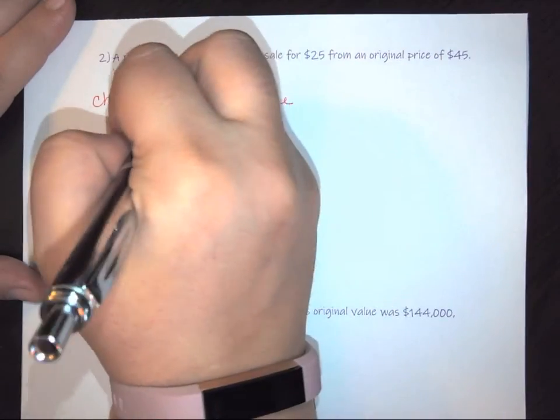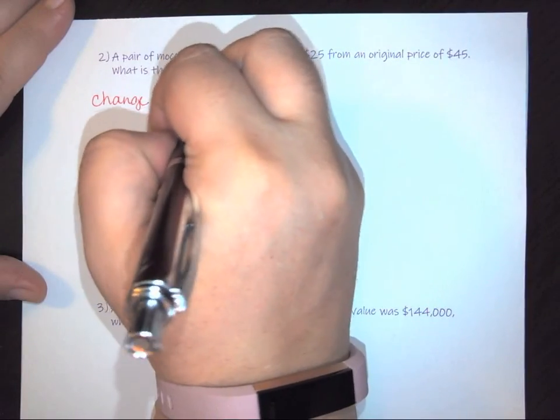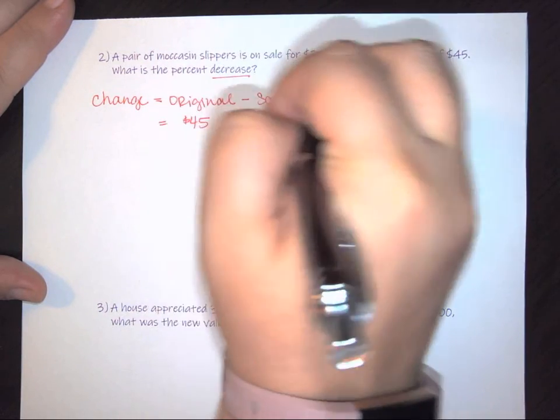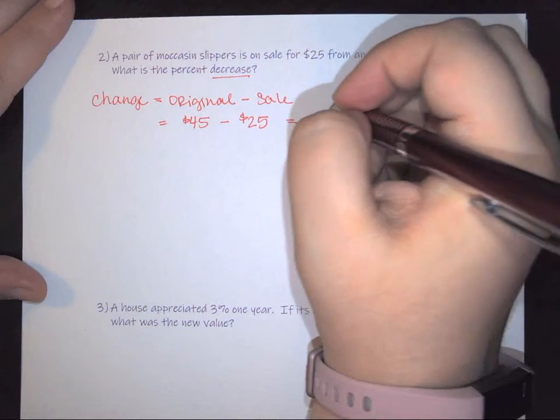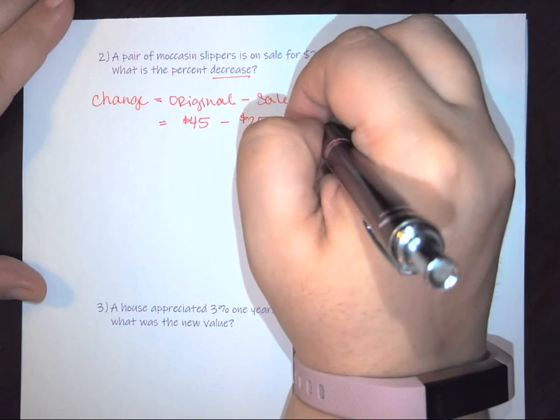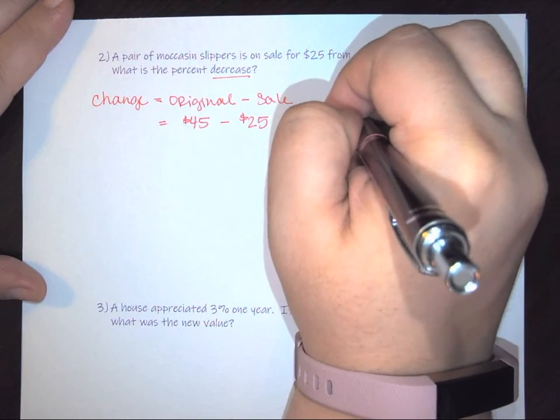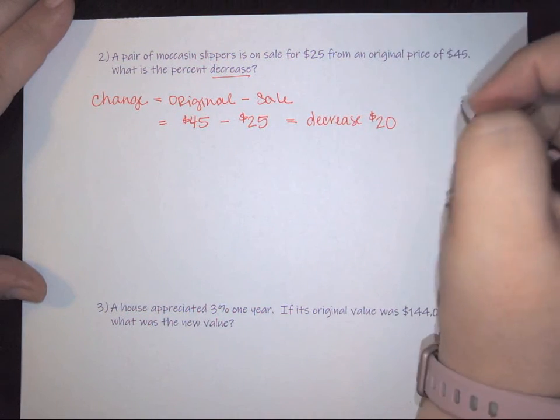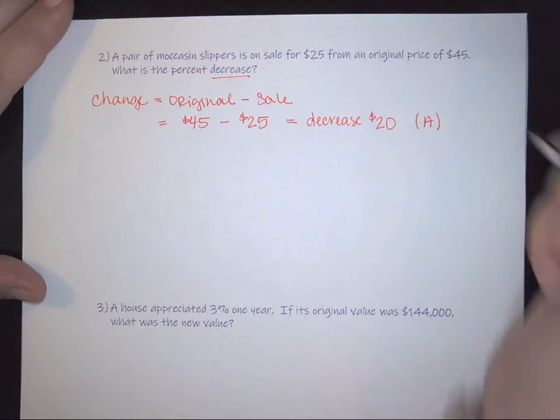So my original was the $45 minus my sale price of $25, which is going to give me a decrease of $20. Again, this is my A term.